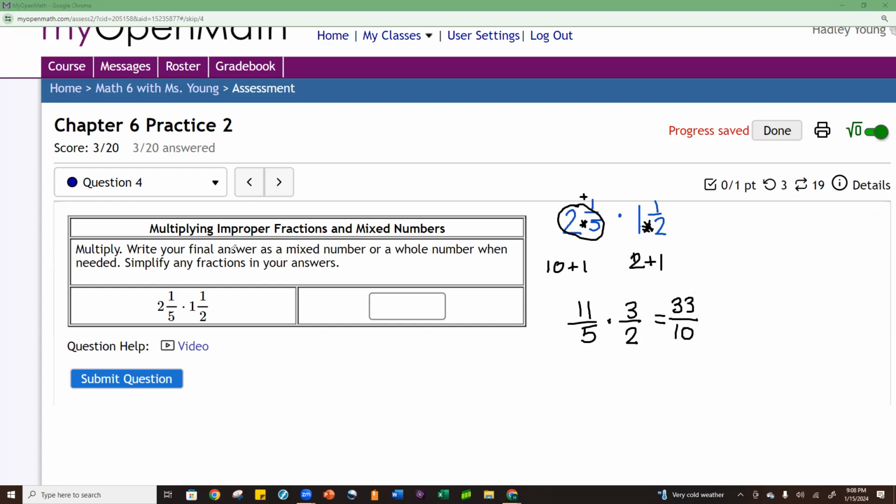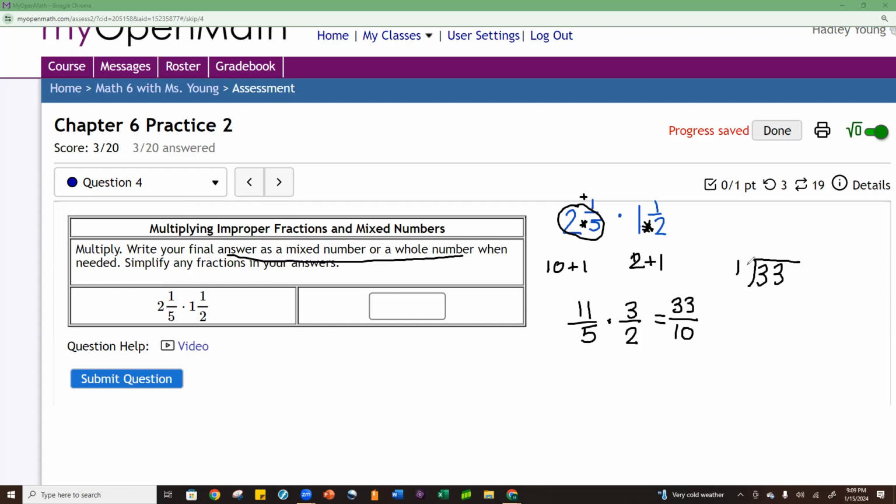Now, if it didn't say to write your answer as a mixed number or a whole number, then we would be done. But this will mark it wrong. We need to convert it back to a mixed number. And if you can simplify first, go ahead. In this one, there were not any common factors to simplify with. So I'm going to do 33 divided by 10.